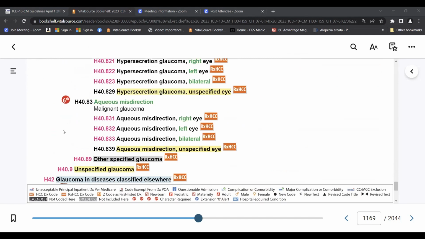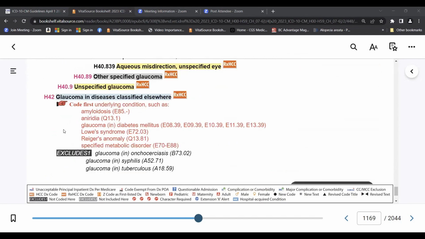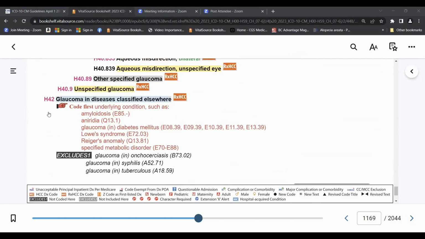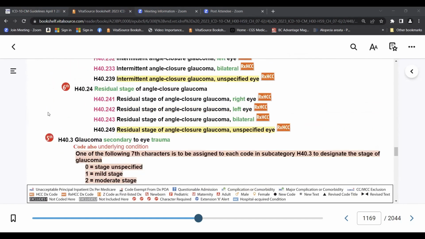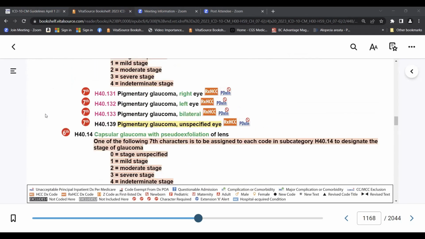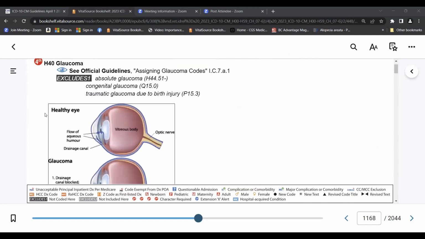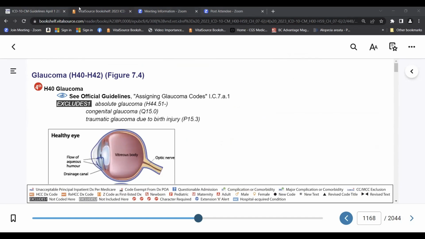You want to pay attention to the notes. Now here at H42, we have glaucoma in diseases, and we have a code first note, and we also have an Excludes1 note, all at the beginning of this category. So take a moment to look through H40 through H42, and then meet me at the guidelines when you are done.